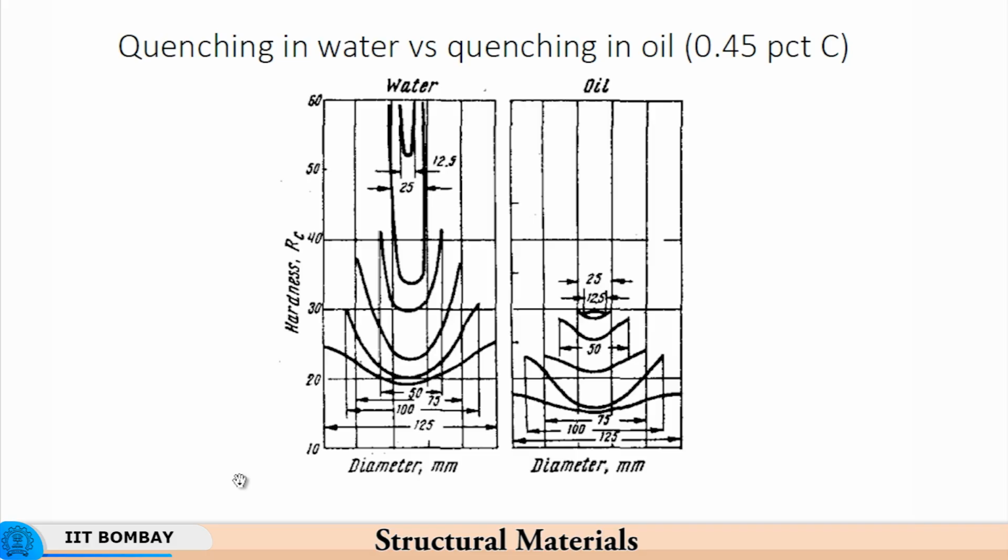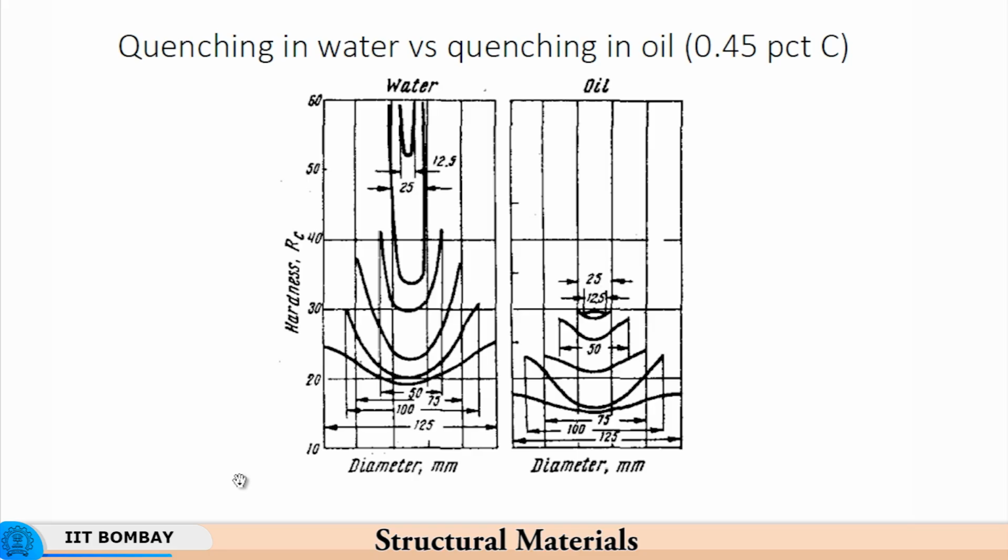So, with a smaller diameter in water, you practically get through hardening of the material. That is, the hardness even at the center is far higher with a thinner workpiece compared to a thicker workpiece with a much greater diameter.